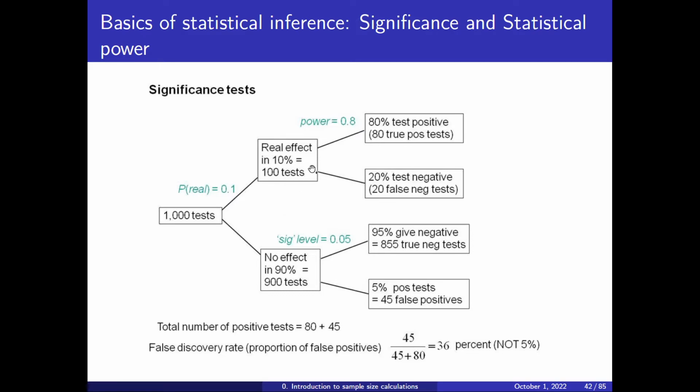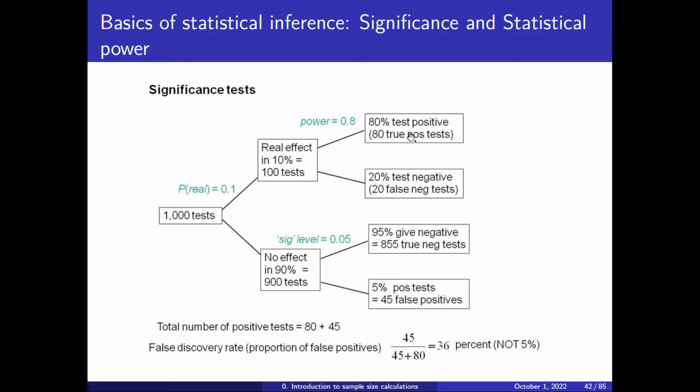On the other side, there are 100 compounds that make a difference. Let's say that you have a power of 80%, then 80 you will correctly identify, but you will miss 20. But all this state you don't know. That is why you do your experiment. All you see are the positives that come out from your experiment.